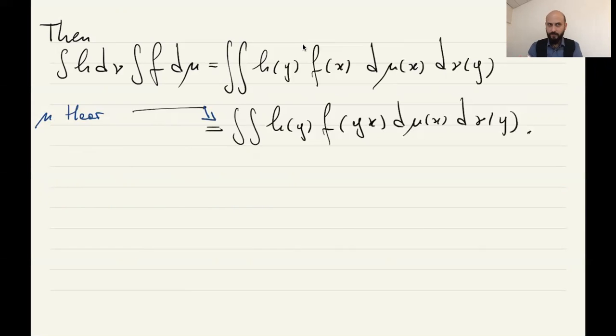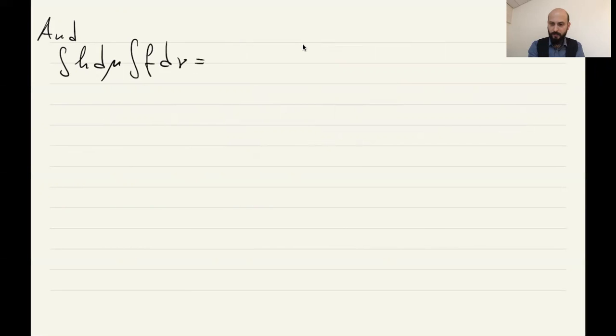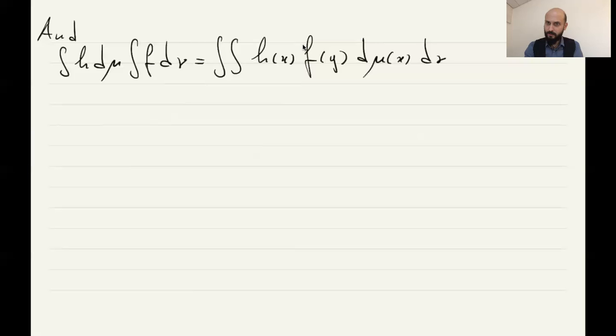Good, like this. Now let's replace the role of nu and mu. Instead, the integral of h in d mu, and the integral of f in d nu. Again this is a double integral, h with respect to x, f of y, d mu(x) d nu(y).